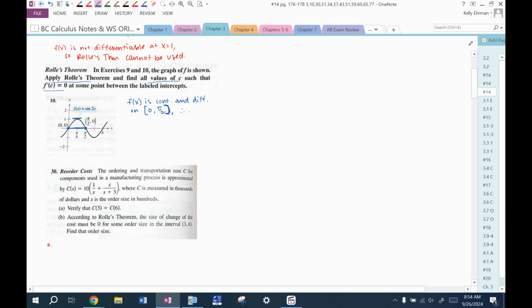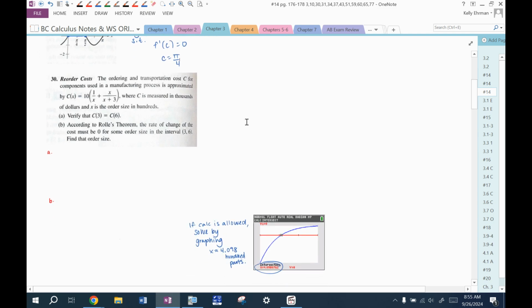So therefore, by Rolle's theorem, or you could say MVT, there's at least one c in that interval such that f prime of c equals 0. All right, and what is the c value? The c value is pi over 4. I can see it in the graph, but I could also take the derivative of sine of 2x and set that equal to 0 and solve, and I would also get pi over 4.